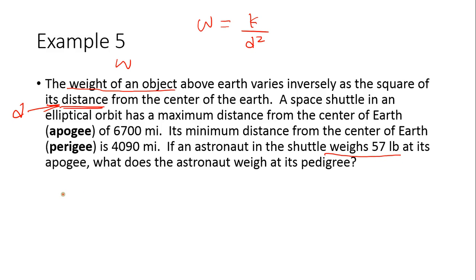So the first weight is 57 pounds at apogee, which is, let's see, D1 is 6,700 miles. And of course D2.